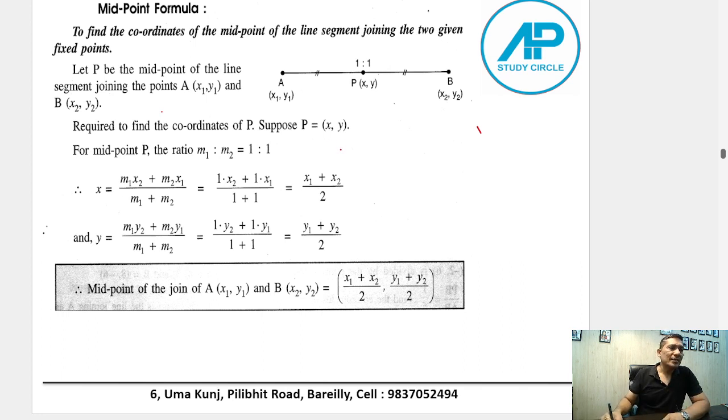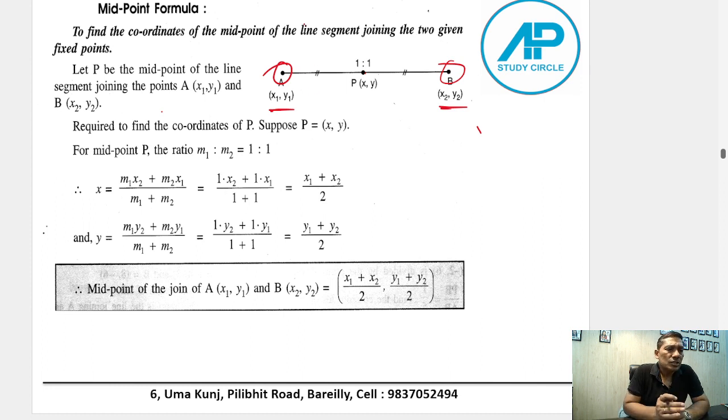So here you can see I have 2 points A and B. The coordinates of point A are x1, y1 and the coordinates of point B are x2, y2. I have to find the midpoint P. The midpoint is an application of the section formula, you can say a corollary of the section formula.